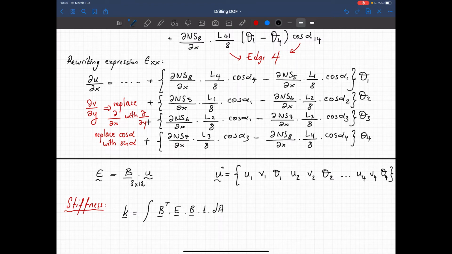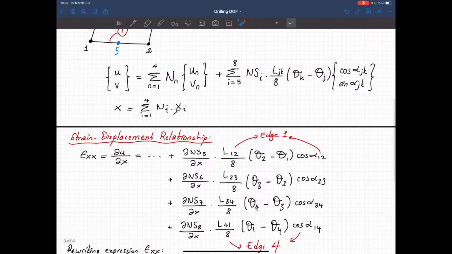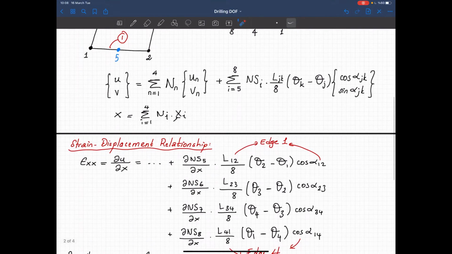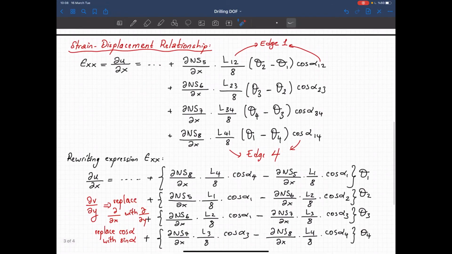And in this stiffness matrix, we will have the coefficients for the drilling degrees of freedom right here, and these drilling degrees of freedom, these rotations, depend on the mid-edge displacement. They are calculated from the mid-edge displacement. Now if you take a look at the expression for theta 1, for example, it's the difference between the mid-edge displacement of edge 4 and the mid-edge displacement of edge 1.